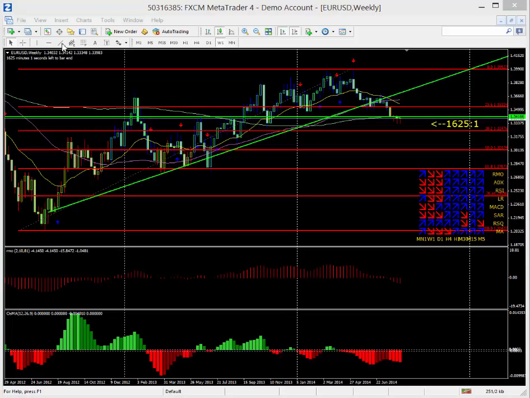We also have the German flash manufacturing PMI results, and Germany is predominantly one that everyone's going to be looking towards because it's the major manufacturing production wheel cog in Eurozone. Other than that, there's not much else coming out, but there's a lot of US data. We have building permits, CPI month-to-month figures, core CPI month-to-month figures for Tuesday for the US dollar.